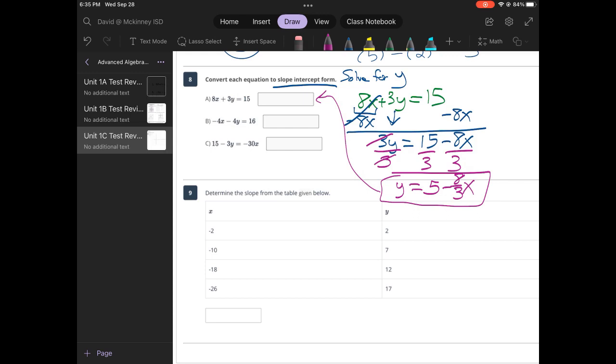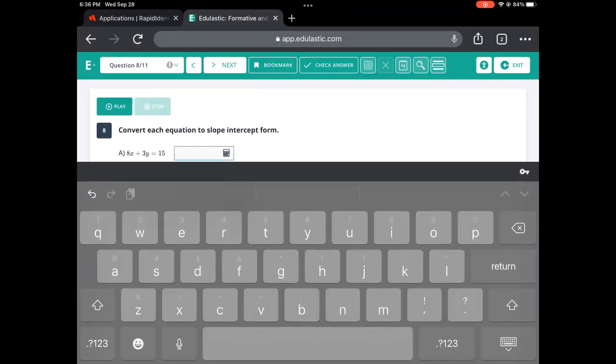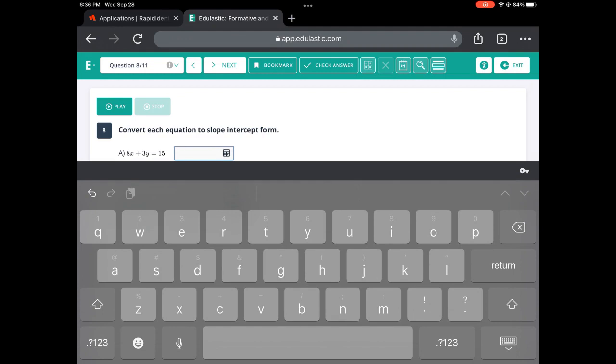It doesn't matter which order I have the slope and the y-intercept. I could have this as 5 minus 8 over 3x, or I could have this as negative 8 over 3x plus 5. You could type that in either way.